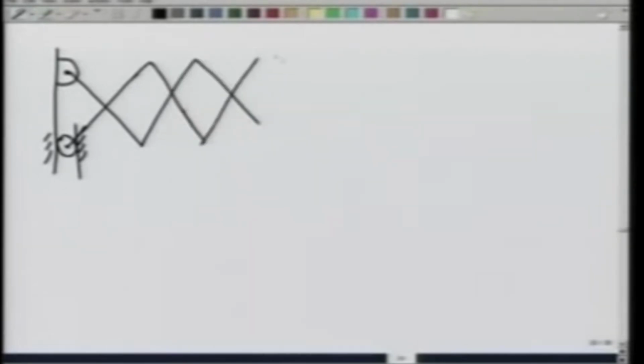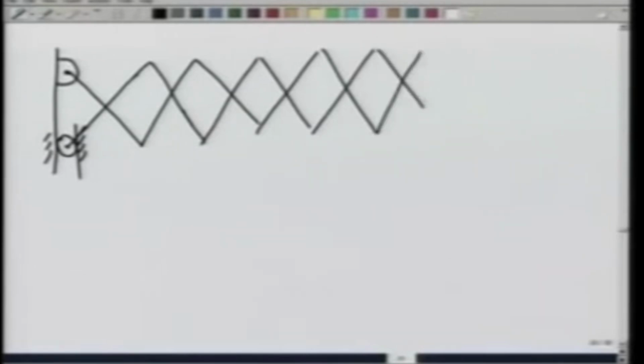In this mechanism, if I take many links, suppose n such links, and so on, and I apply a force F here, each bar is mass m, and I want to calculate how much force F is required to keep this entire system in equilibrium.